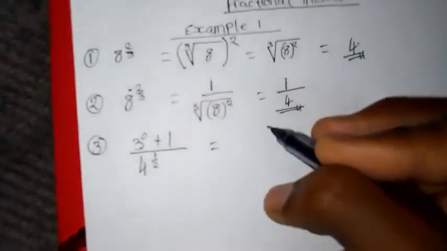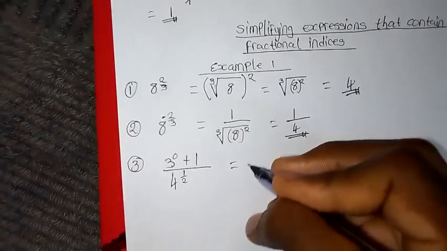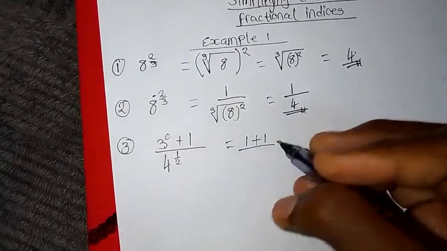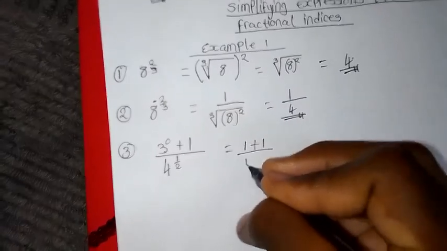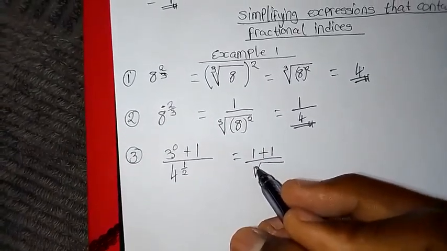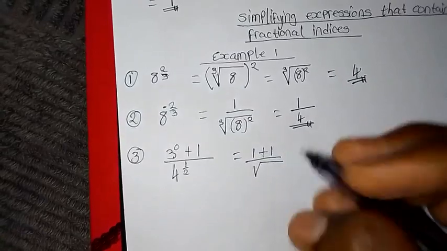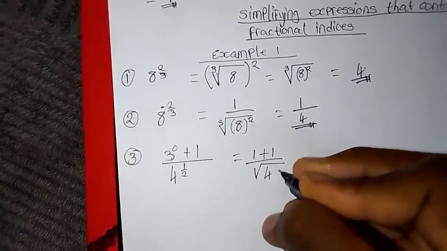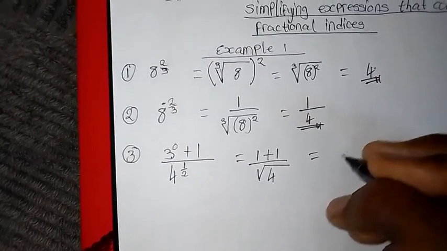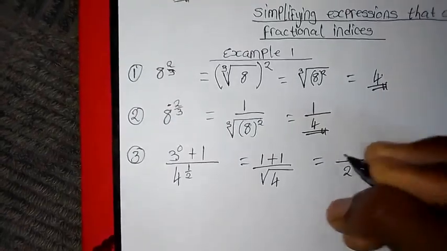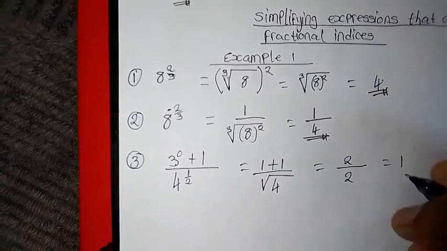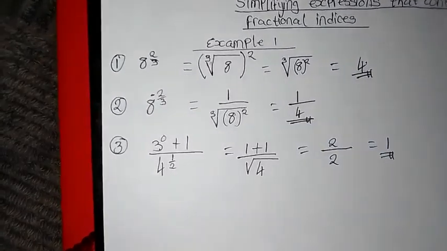So this one is going to be 1 plus 1 over, and we introduce the square root. The 2 comes here, so we don't write the 2 here. This is already known to be a square root. So 4 to the power 1, which is the same as 4. The square root of 4 is, oh, the square root of 4 is 2. And 1 plus 1 is 2. Then 2 divided by 2 is equal to 1. So that's it for this example.